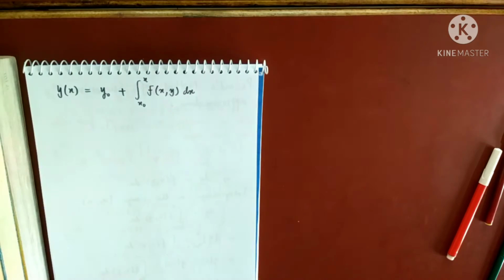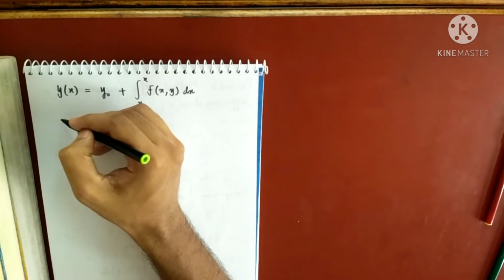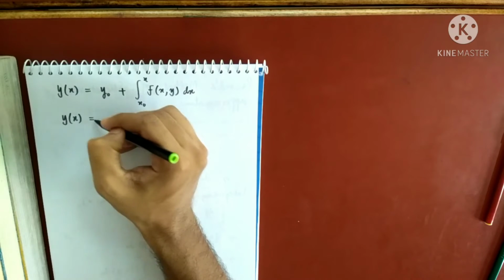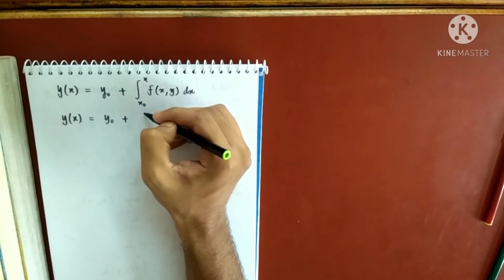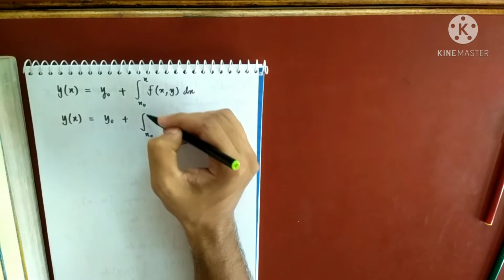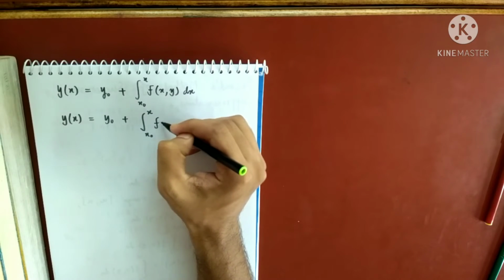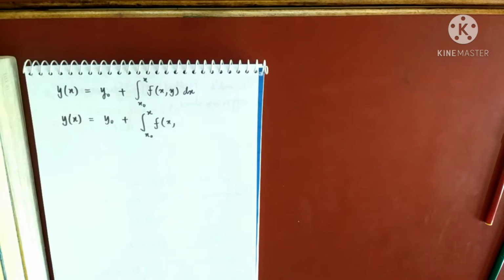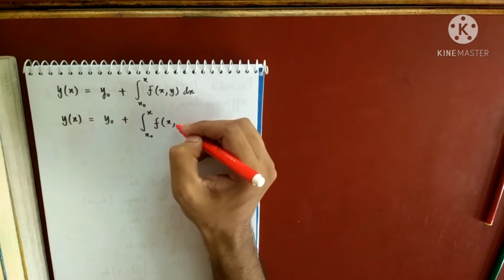This cannot be solved because this has y. So what I will do, y of x equals y naught plus integral x naught to x f of x comma, I will write here y naught.